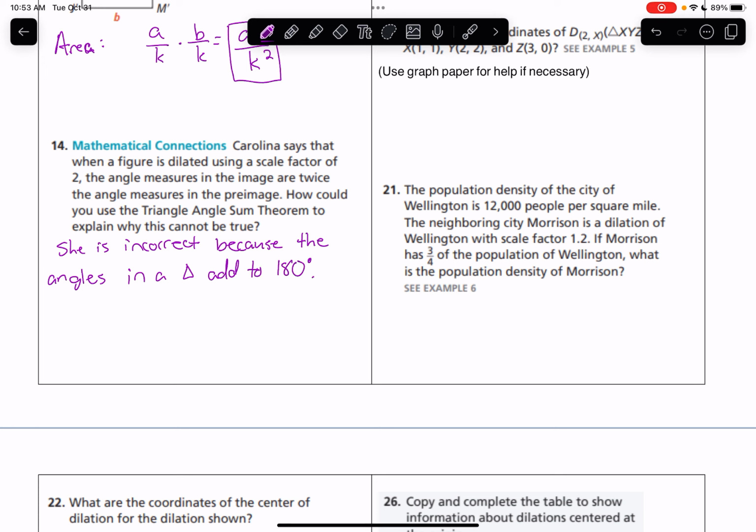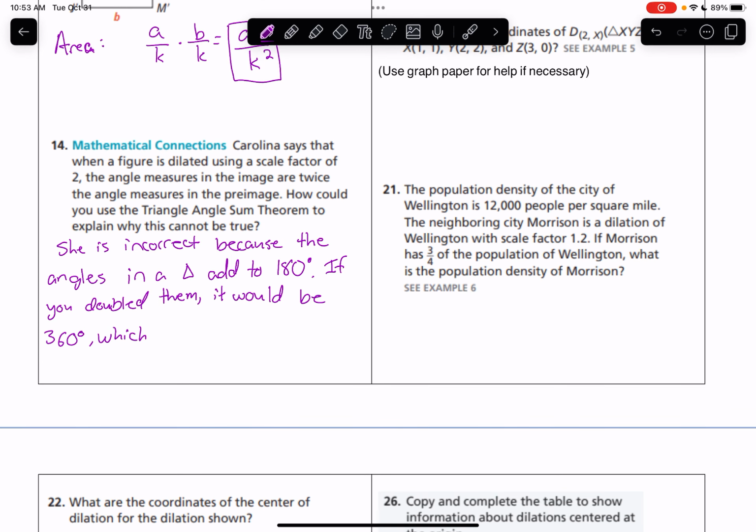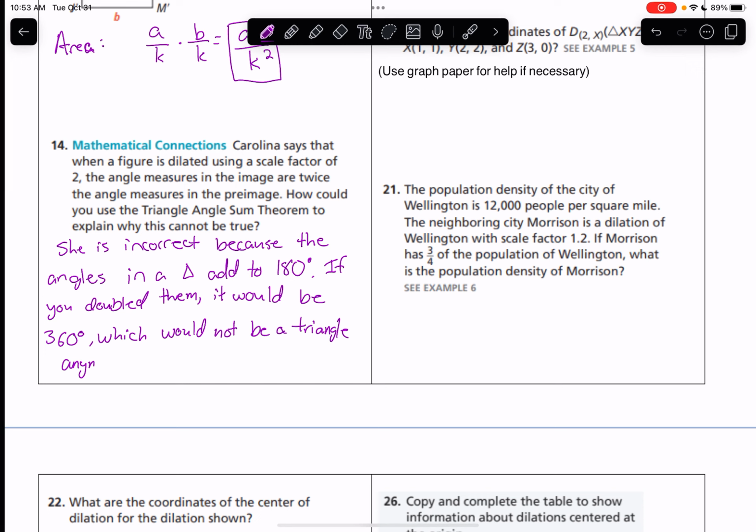If you doubled them, it would be 360 degrees, which would not be a triangle anymore.